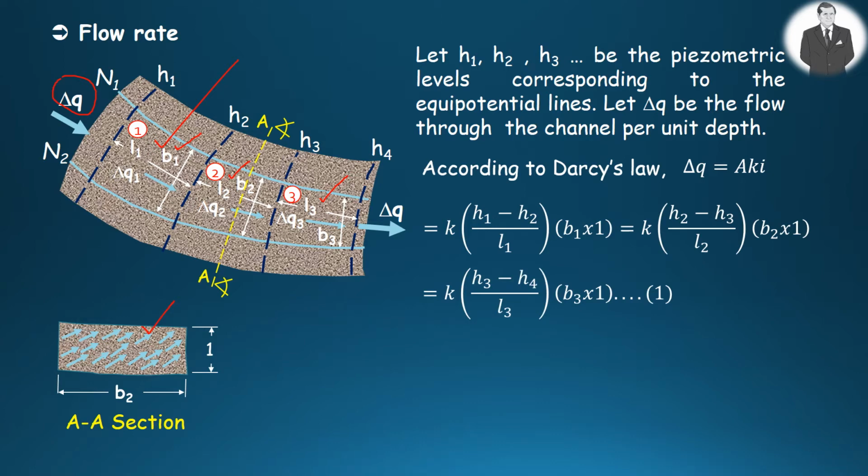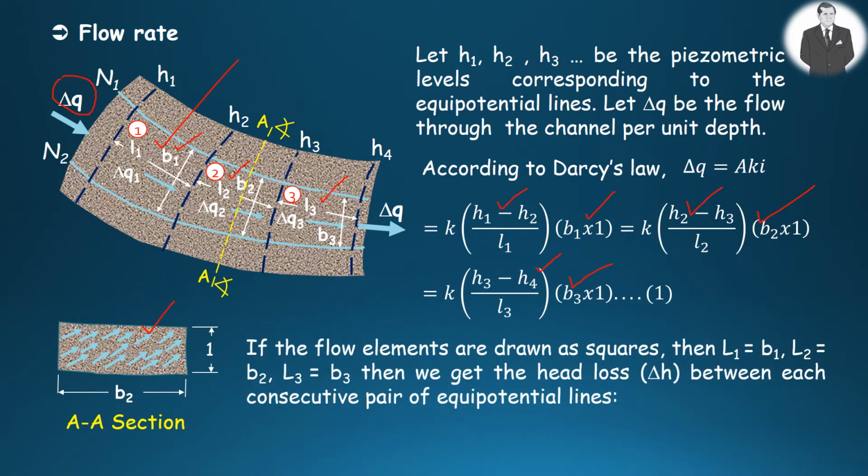For each section, if you notice, the hydraulic gradient and the area are different, but the delta Q, which is the flow rate, as stated, is the same.